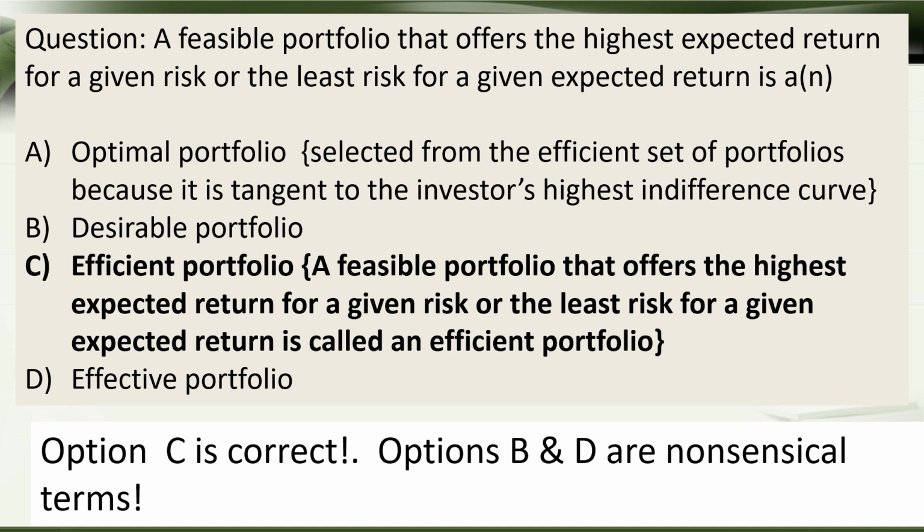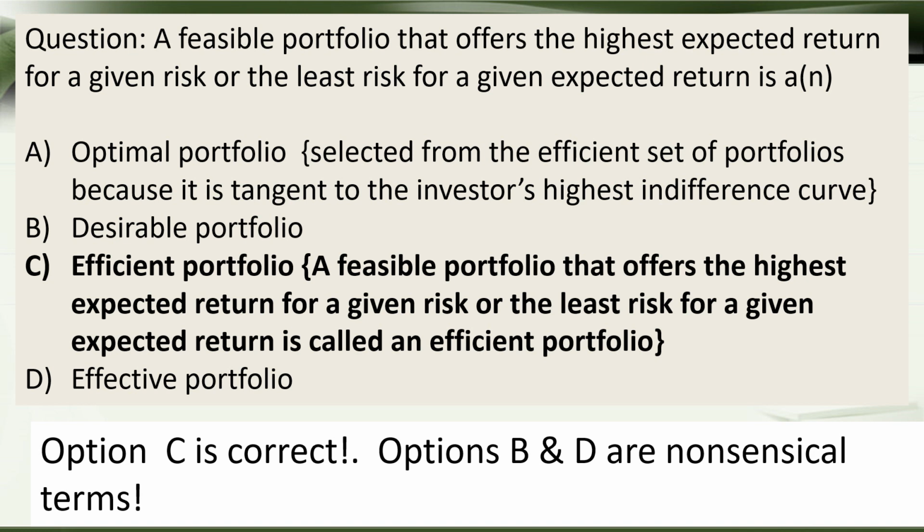Option A is not correct because an optimal portfolio is when you select from the efficient set of portfolios the one tangent to the investor's highest indifference curve. So what does this mean? It is not at all touching the indifference curve. It is just deviating from that.